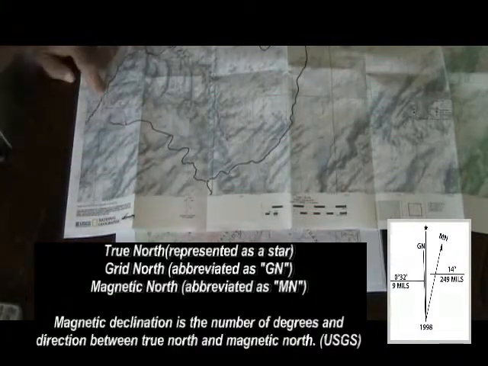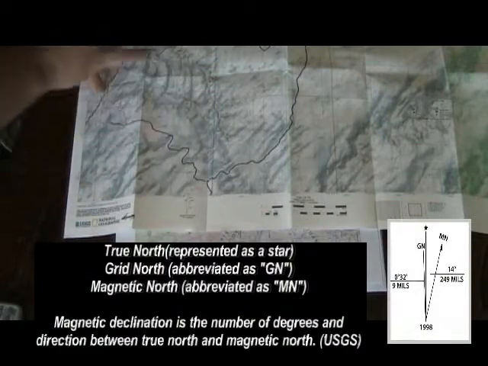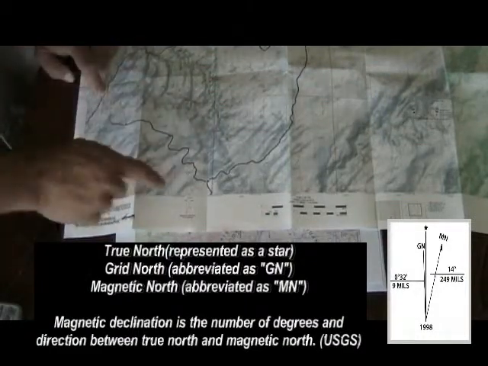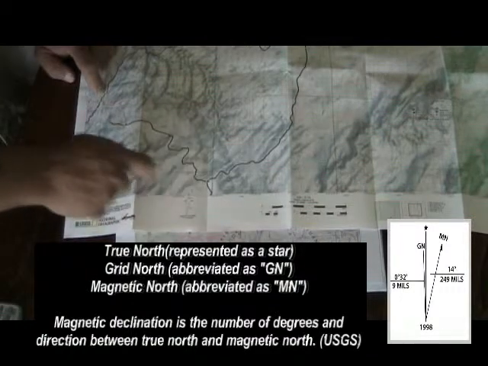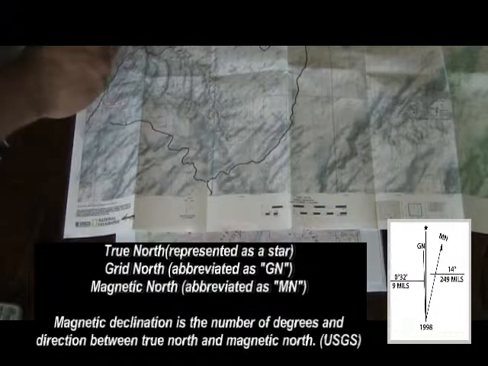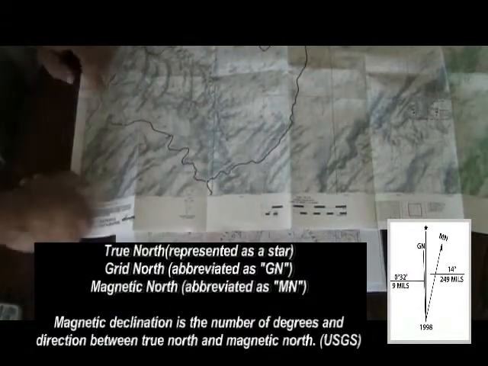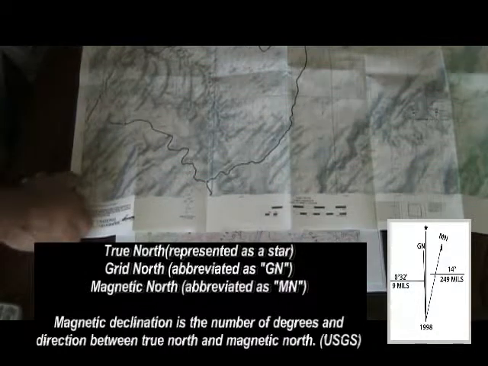Some compasses you can preset so it's figured in constantly. But you need to know what that declination is, and what that means is there's true north and there's magnetic north. True north is where north really is. Magnetic north is the magnetic pull that happens on the earth.